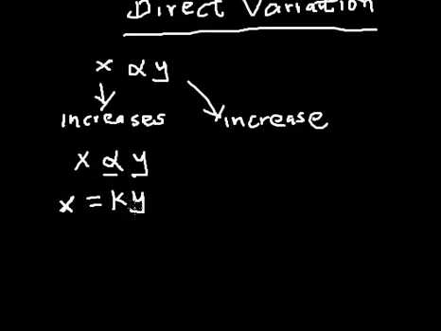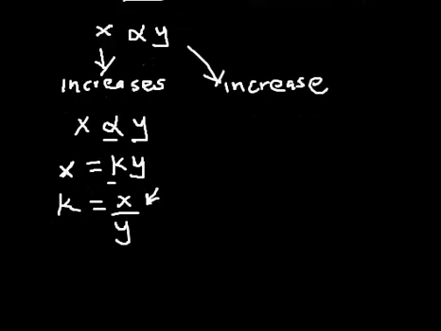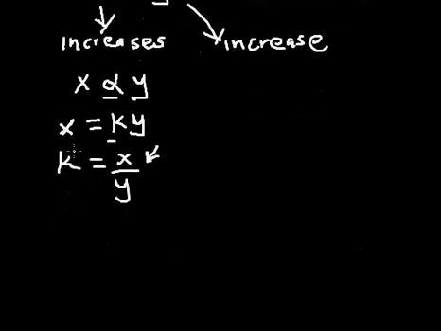So anytime you're asked to solve variation, the very first thing you need to find is that constant. Of course, the constant here is going to be x all over y. Everything boils down to this, because the relationship of the two variables is dependent on the value of the constant. So the constant is the very first thing that one should get.